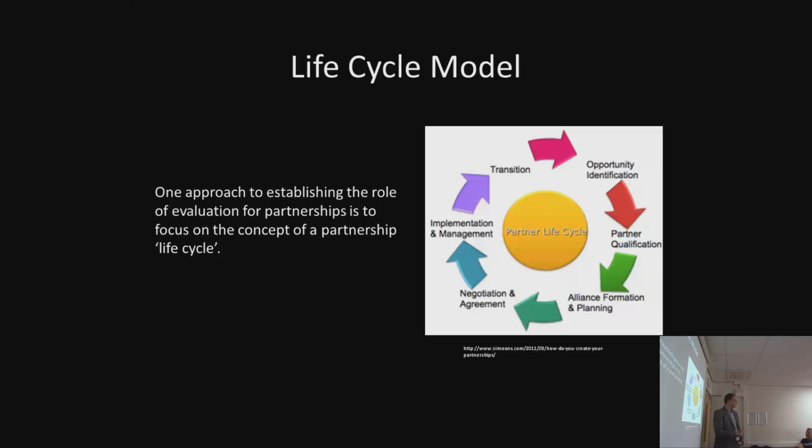Sometimes they can't do it fully, but you have another one that can, so then it's a bigger partnership. But more partners means you have to find a way that it works for all. Then you have the alliance formation and planning, then the negotiation, agreement, implementation and management, and then the transition again. Do you want to carry on, or is that achieved?